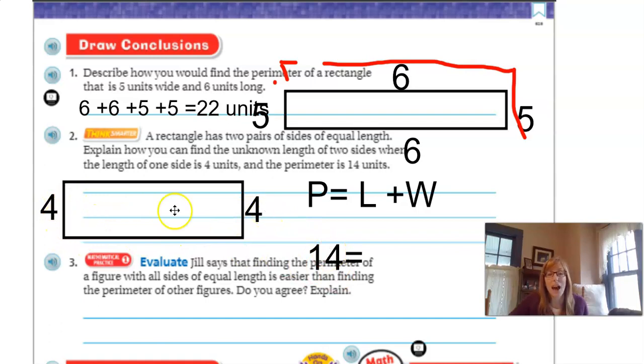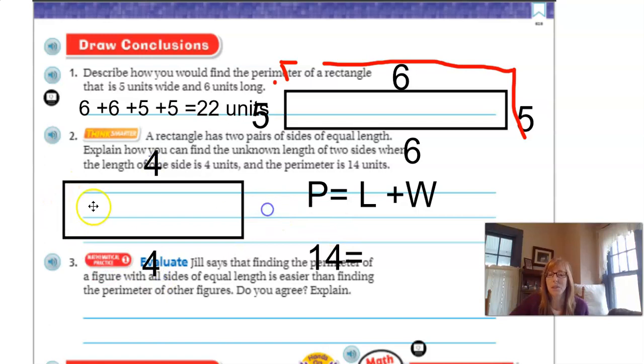Well, we already have 8 accounted for. We already have 4 plus 4. Now we need the missing numbers. So 4 plus 4 is 8. So think to yourself, 14 minus 8 is what? Actually, I need to move these because it's going to be a shorter side.